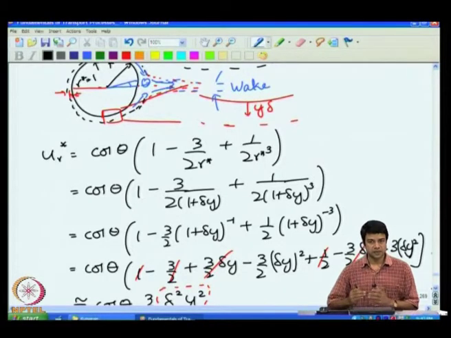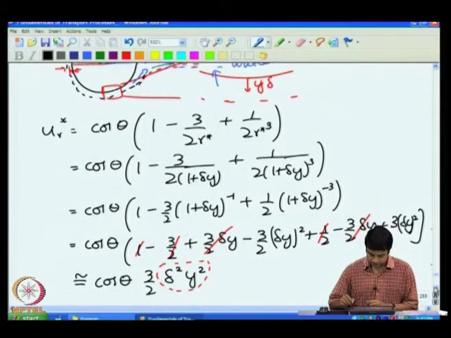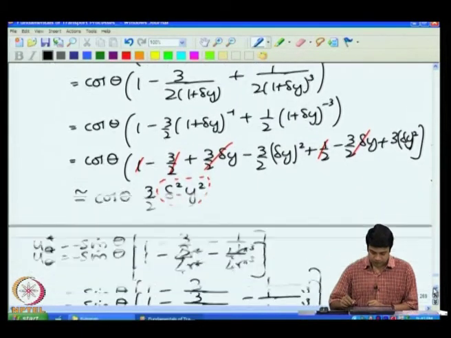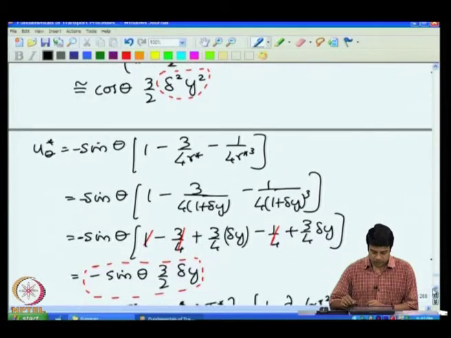So, in the limit as Peclet number goes to infinity, y continues to be of order 1, while delta scales in some way with Peclet number, and that scaling is found from the requirement that convection and diffusion have to be of the same magnitude. So, we found that the radial velocity u r went as delta square times y square. So, u r was proportional to delta square, while u theta was proportional to delta.